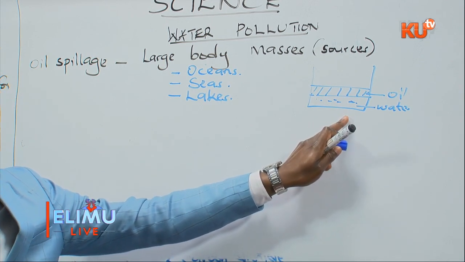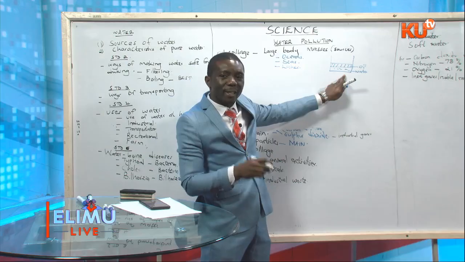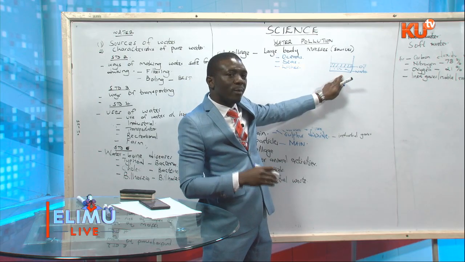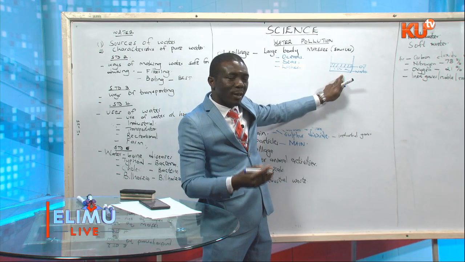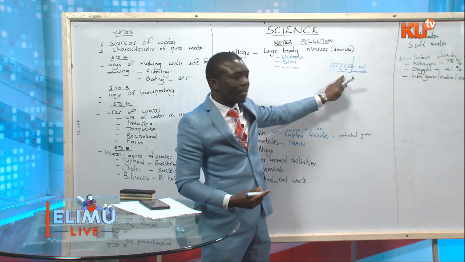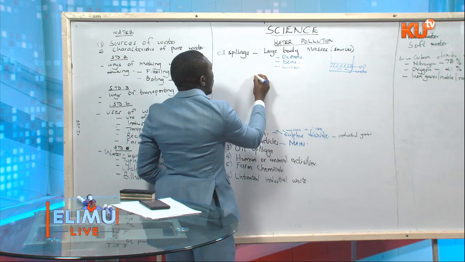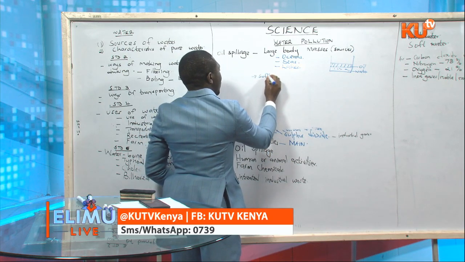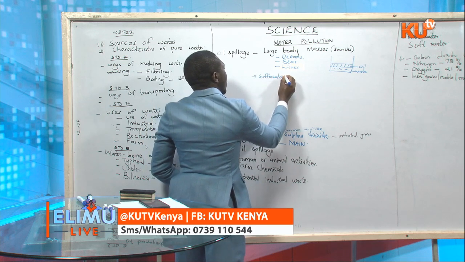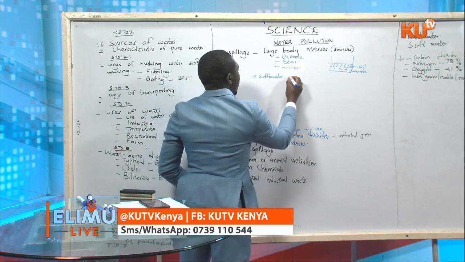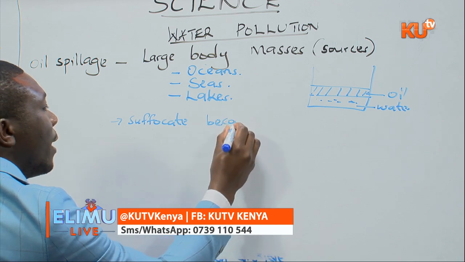So the aquatic animals found inside the water, the marine animals, will suffocate because they lack oxygen. Secondly, they suffocate because of lack of air.